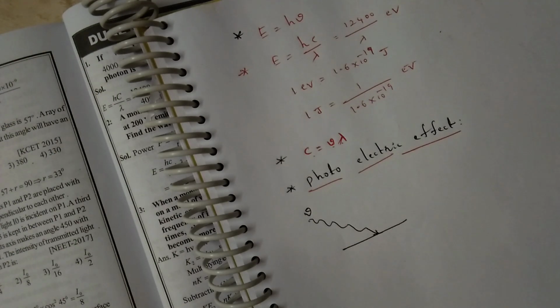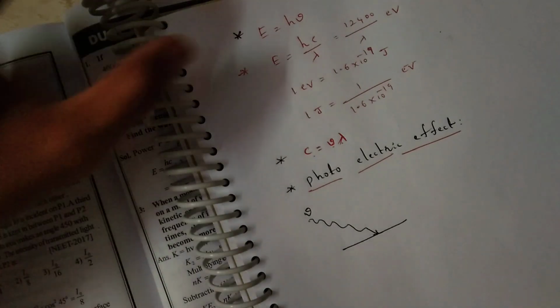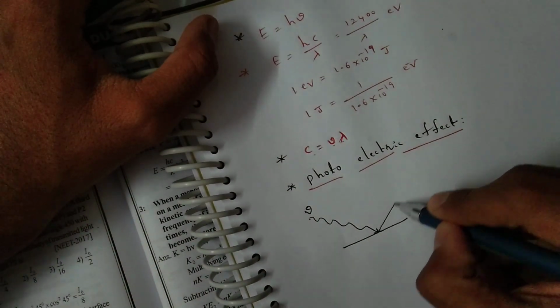When the energy of the photon is incident onto the outermost orbit, the electrons present there can absorb the energy and come out from the metal plate.